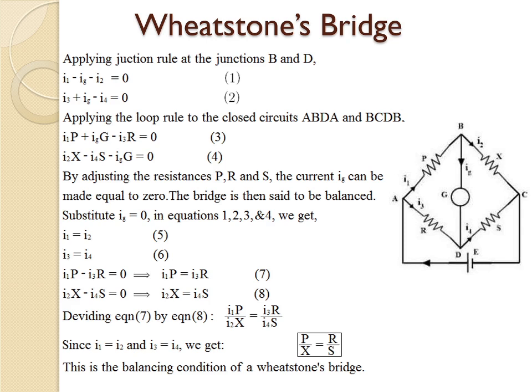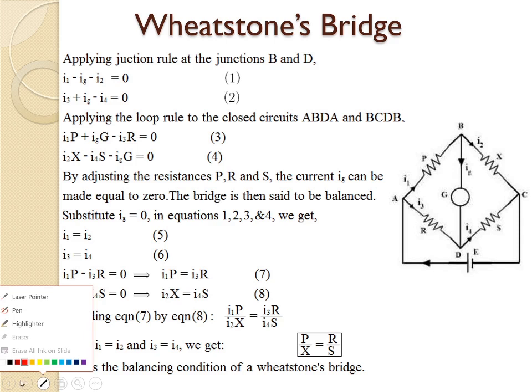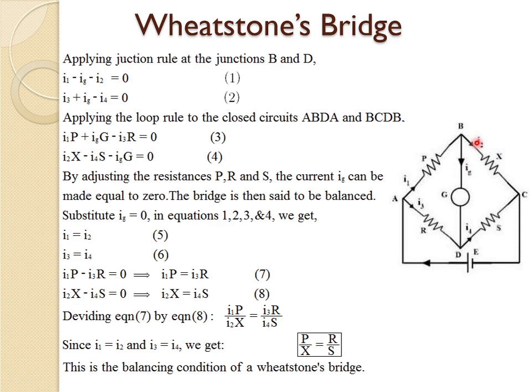One is I1, which is going through P, and I3 is going through R. At the point B, you can see it is again split into 2. I1 is split into I2 and Ig. Here I2 is going through X, and Ig is the current going through the galvanometer.